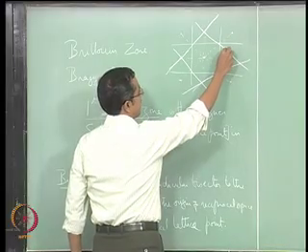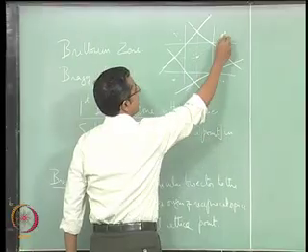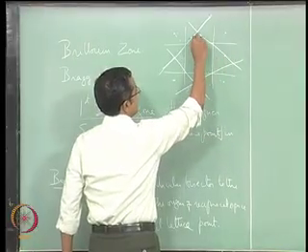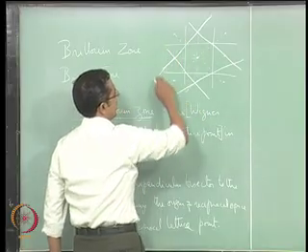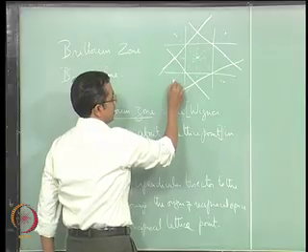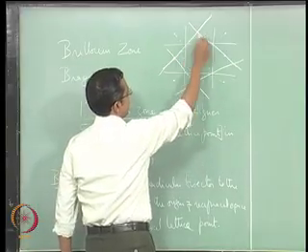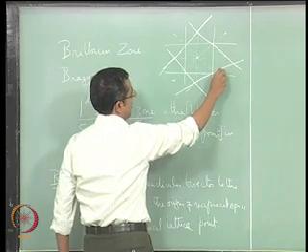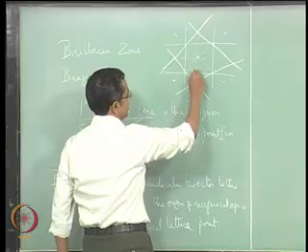This Bragg plane bisects the line joining the origin and this reciprocal lattice point. This one bisects the line joining the origin to this reciprocal lattice point, and so on. So we have one Bragg plane here, two, three, four Bragg planes.